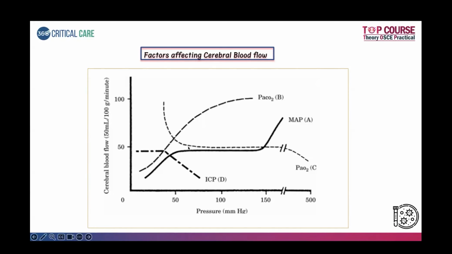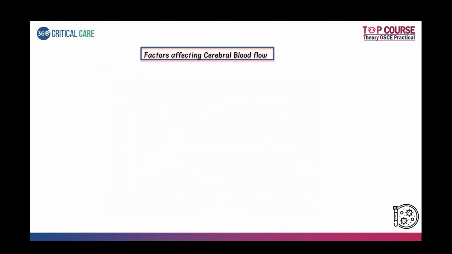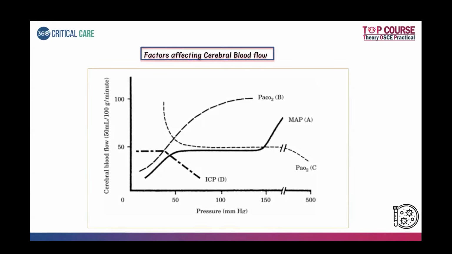So if the ICP increases beyond this number, the blood flow decreases. This is the most important curve to remember to talk about cerebral blood flow. But I also recommend remembering the four factors.